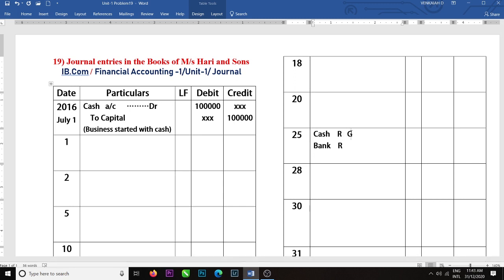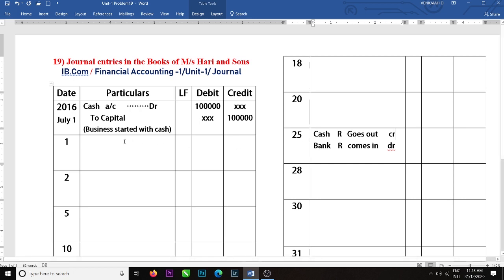Cash is going out from the business and the bank is getting cash. According to the real account, what comes in will be debit and what goes out will be credit.